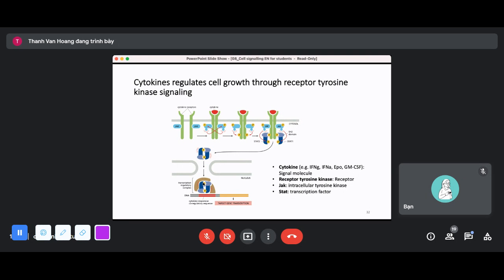Tức là những thụ thể này có thể phosphorin hóa các protein khác ở vị trí tyrosine, nên người ta mới gọi là receptor tyrosine kinase, được không nào?